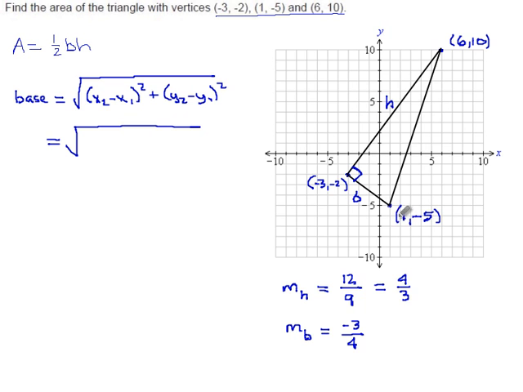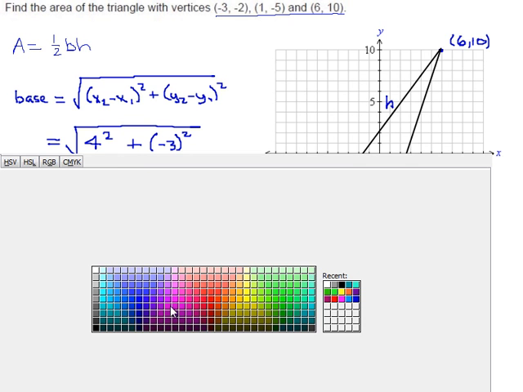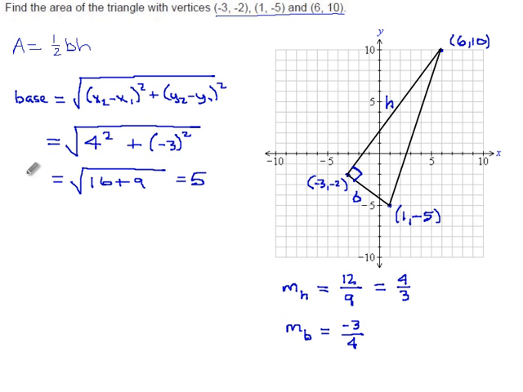For the x's, we do 1 minus -3 squared. And for the y's, we get -5 minus -2, which is -3 squared. That comes out to 16 plus 9, which is √25, so our base is 5. Good. Now we do the same thing for the height.